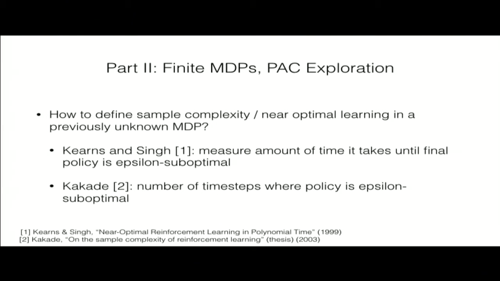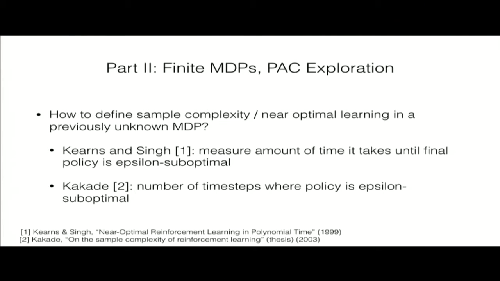This seems pretty hard because you have to both learn the parameters of the MDP, and also try to exploit it to get as much reward as possible. So we talked about Q-learning in an earlier class, which we said eventually converges to the optimal policy. However, we didn't say anything about how long it takes to converge. And it turns out it sometimes takes really, really long to converge. It converges really, really slowly.